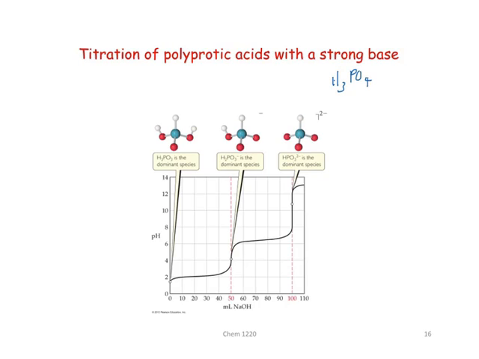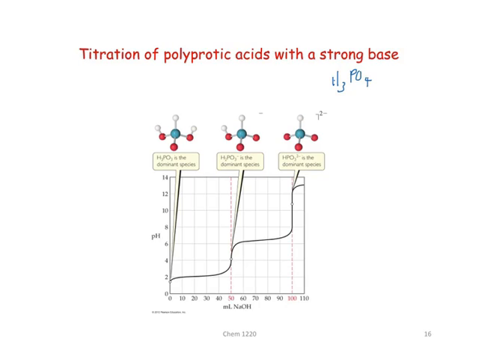So it actually has 3 protons that it can donate. And so it will donate them sequentially. And usually the first proton that it donates is the most acidic. Second one is the next most acidic. And then the third one is the hardest to lose, okay? Just because we're building up a lot of negative charge on the conjugate base.